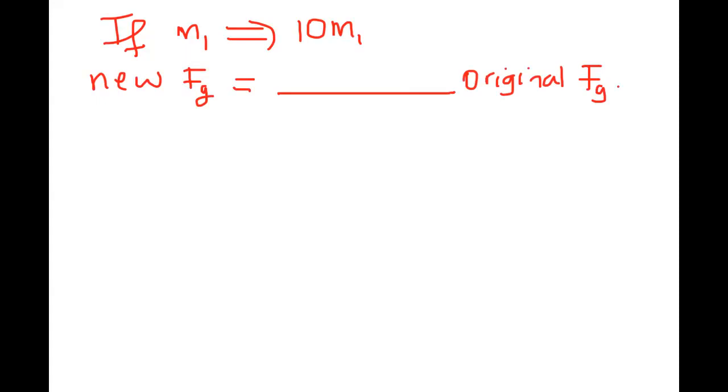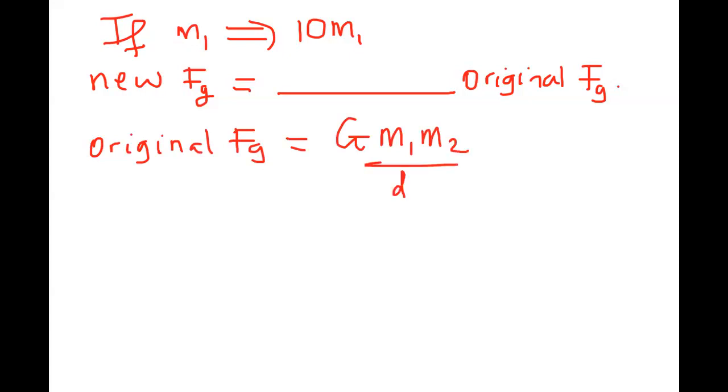Well, we can think about it, but we have to show our reasoning here. So remember, the original gravitational force is G m1 m2 over d squared.